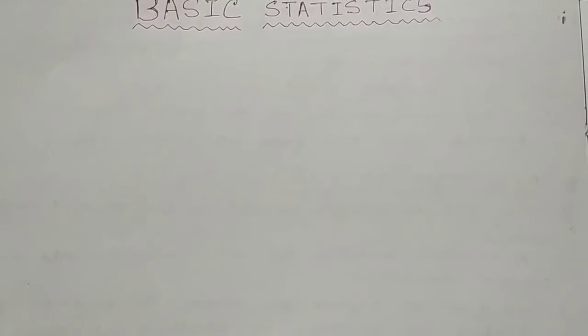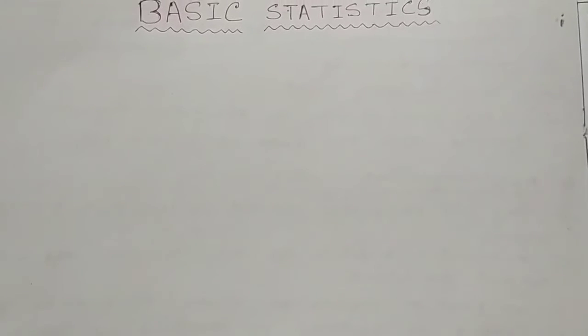So basic statistics is a very huge chapter and a very large chapter. So I am going to discuss the whole chapter and the important points in part videos. So please keep informed. Today in basic statistics we are going to discuss the table of basic statistics, variable, its frequency, group frequency distribution, cumulative frequency.